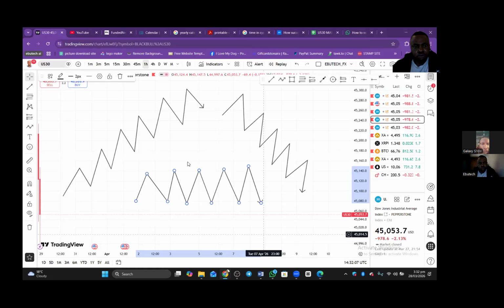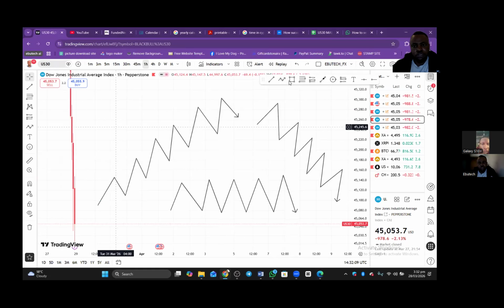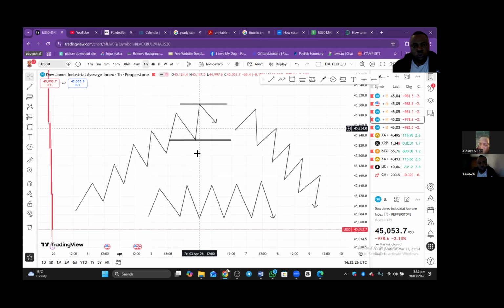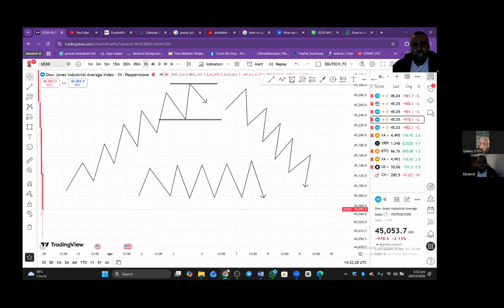This is an example of what I'm saying. If this is an uptrend, you mark your high. This is your high. Then this is your low, right? You mark your highs and you mark your lows. Then here, this is your high.